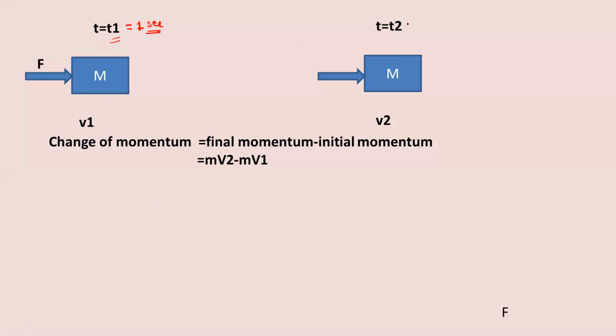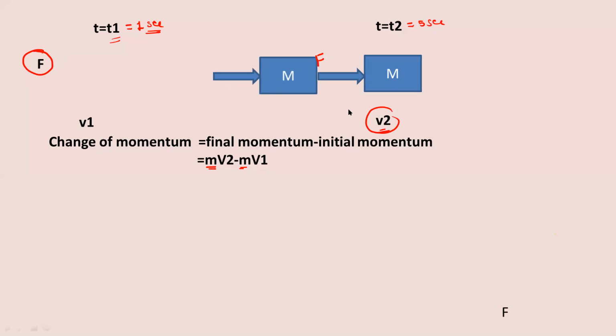After time t equal to t2, suppose this time is 5 seconds, the object velocity will become v2 under the action of the same force F. So the change of momentum we can write as final momentum minus initial momentum, so m into v2 minus m into v1. Here mass is a constant value. Mass will not change for the same object. Only its velocity changes, so because of force F, its velocity will increase from v1 to v2. So this is the actual motion.